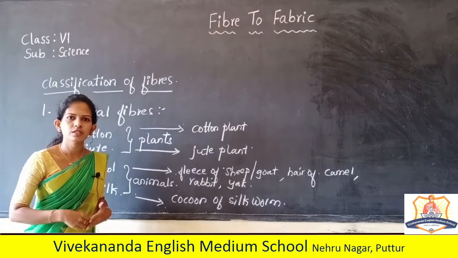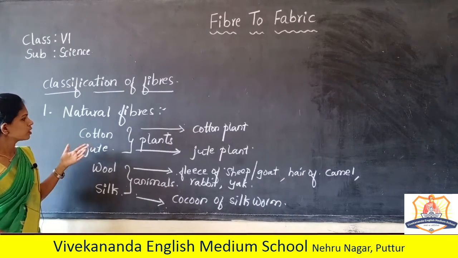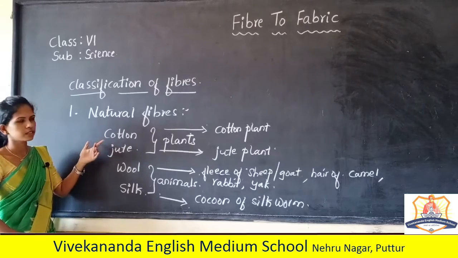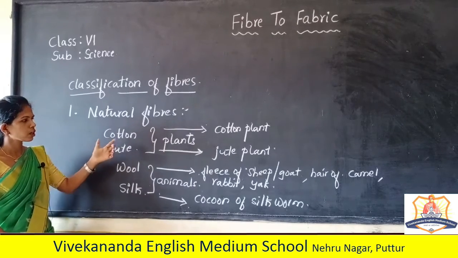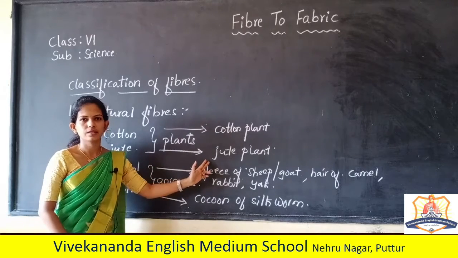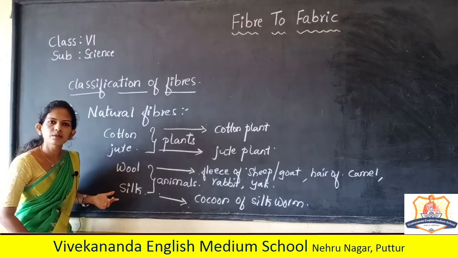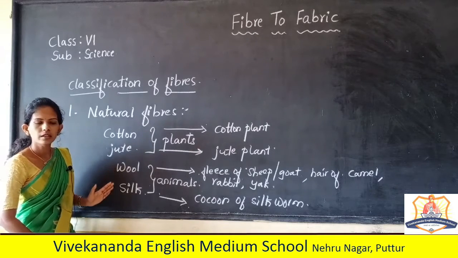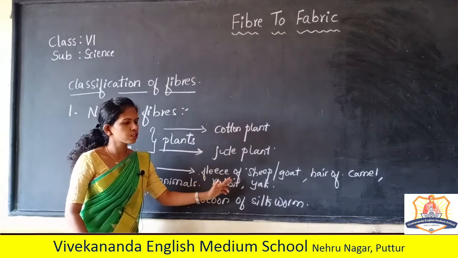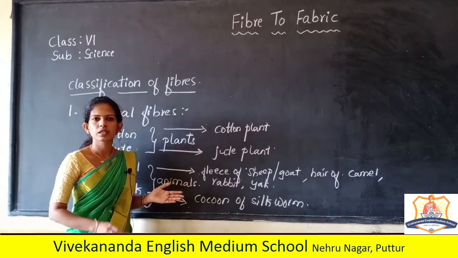Understood the classification? The first classification is natural fiber. The fibers obtained from plants are cotton and jute. Cotton is from the cotton plant and jute is from the jute plant. Next are the fibers obtained from animals, wool and silk. Wool is obtained from the fleece of sheep, goat and the hair of camel, rabbit and yak.